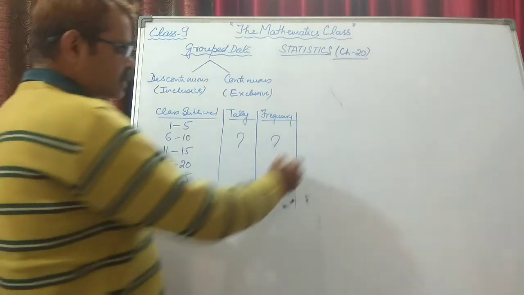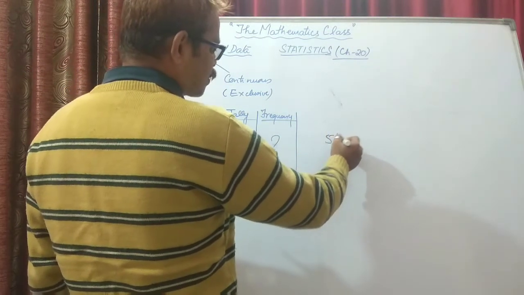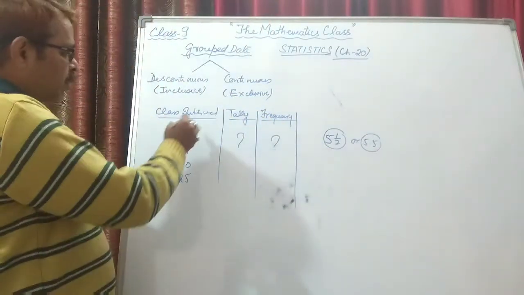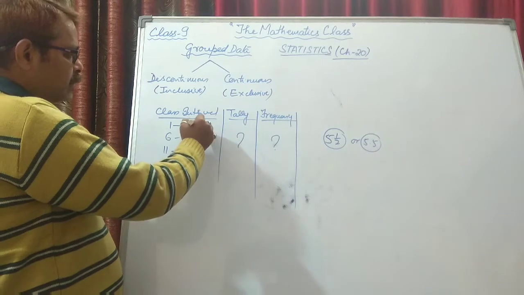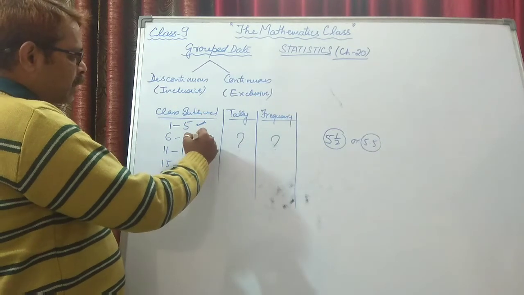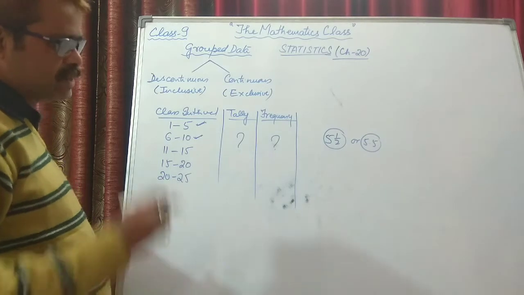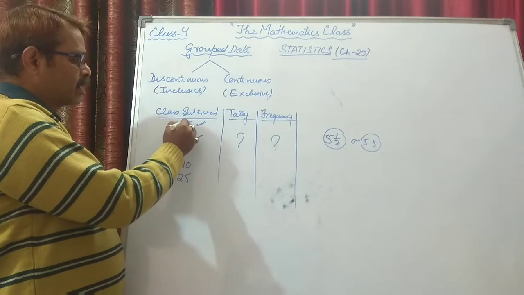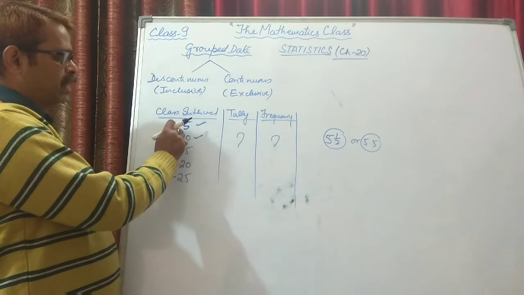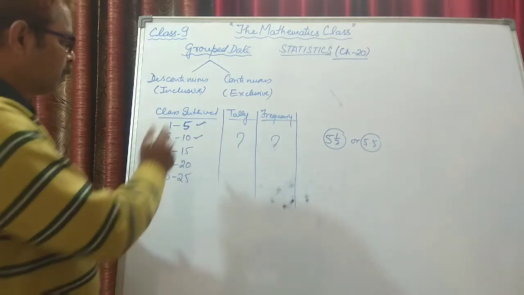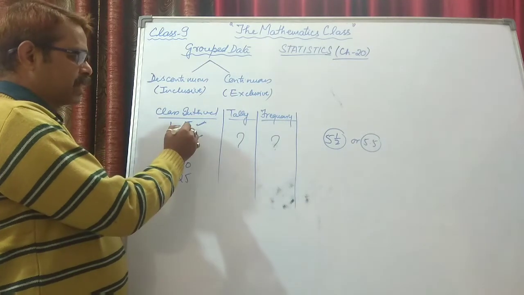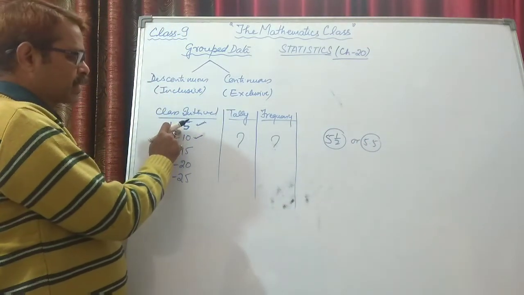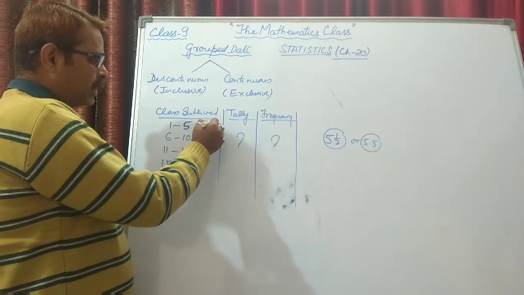Suppose a child gets 5.5 marks, so he cannot appear either in this part or in this part. Why? Because his marks are 5.5, greater than the upper limit of 5, so he cannot enter this column.